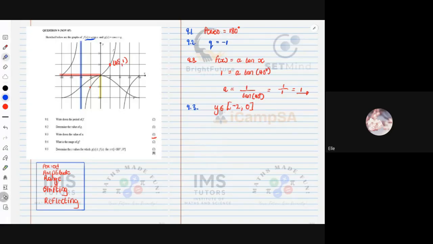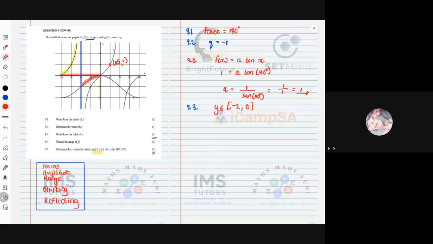So you can clearly see that from -180 to -90 degrees, the graph of f, this graph here, is clearly above the graph of g, so the statement doesn't apply. But from here, from -90 degrees to 0, it's now the graph of g that is above the graph of f.